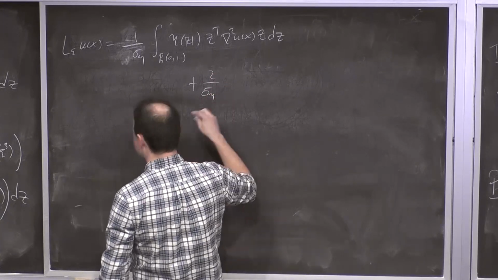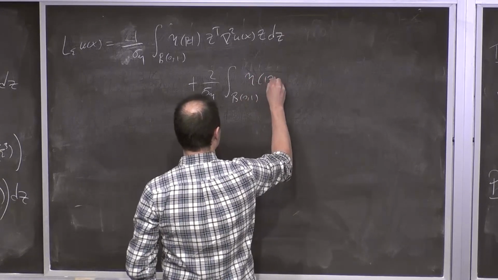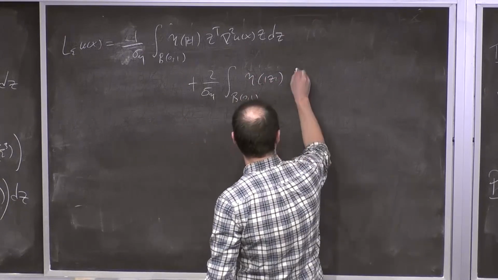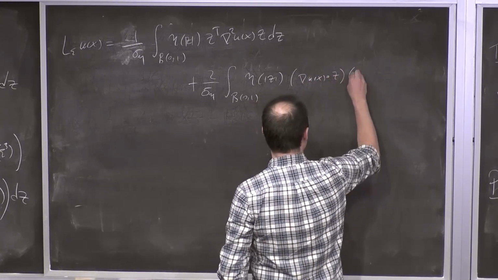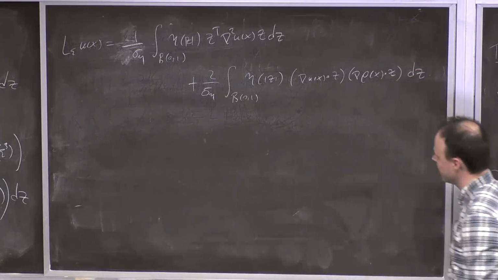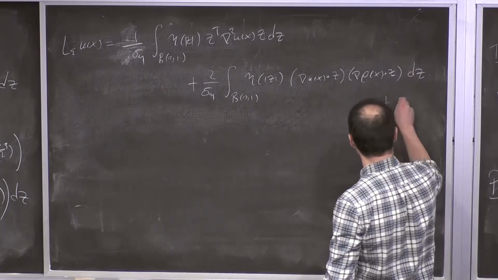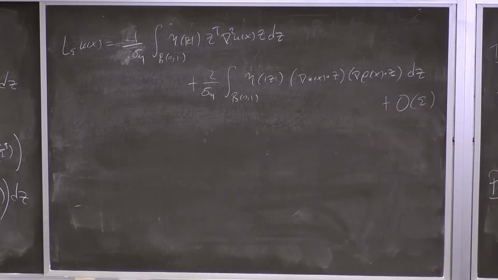The epsilon squareds cancel as before. You get eta of z, and this thing that looks like grad u of x dotted with z, grad rho of x dotted with z. And then plus order epsilon cubed, or now it's order epsilon, since I divide by the epsilon squared.